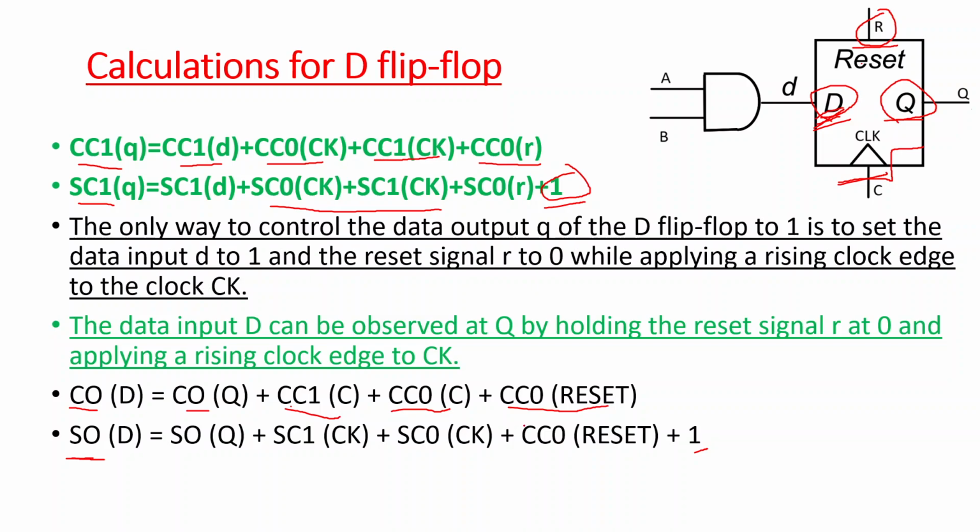So this should be SC0, not CC0, because all are sequential terms. So sequential observability for Q plus sequential controllability of 1 for clock plus sequential controllability of 0 for clock plus sequential controllability of 0 for reset plus 1. Why are we adding 1 here? Because we have a clock transition from 0 to high.